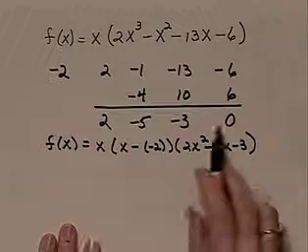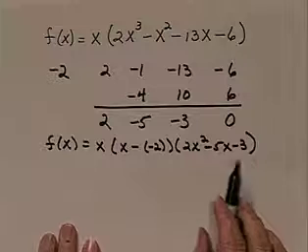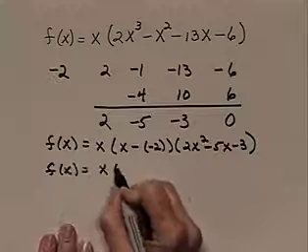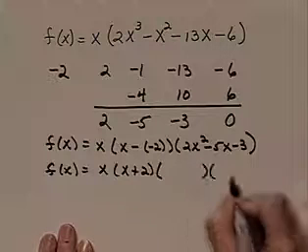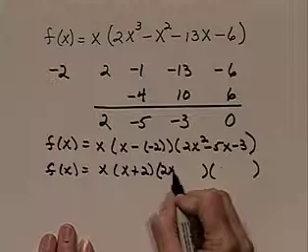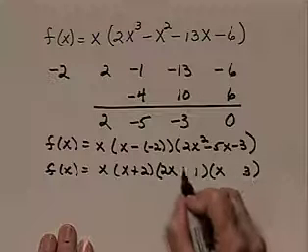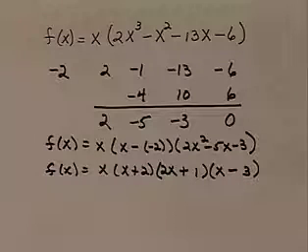The only thing we need to do now is to see if we can factor this quadratic expression. f of x is equal to x times x plus 2 times, we'll have 2x and x, a 3 and a 1, a plus 1 and a -3. So we have succeeded in finding all of the factors of this polynomial function.